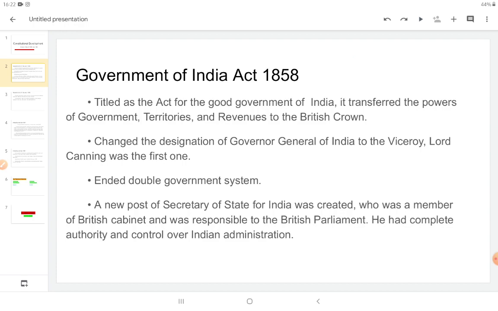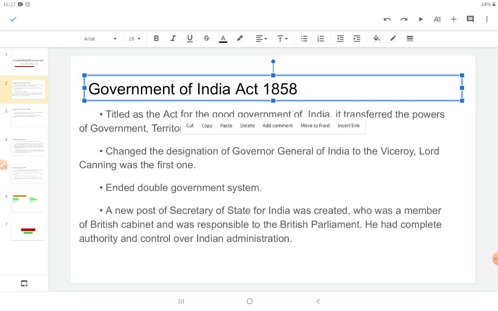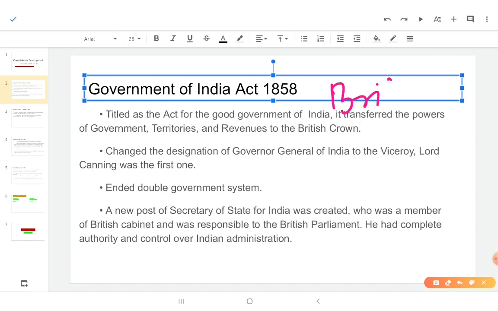It was the same person, and when he was dealing with the British areas, he was called Viceroy.